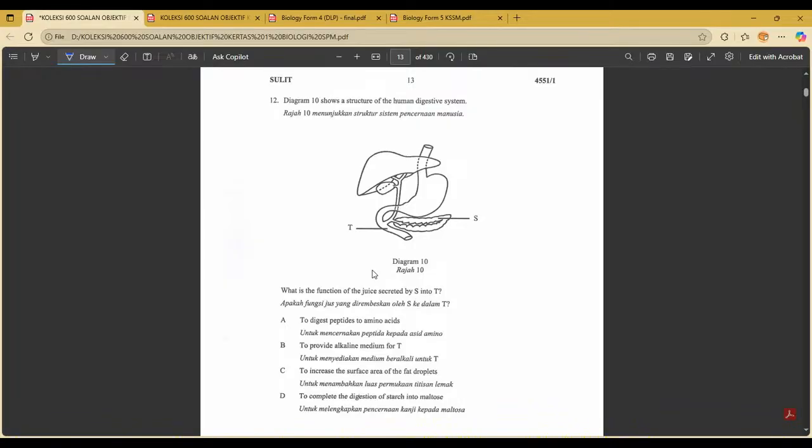I think S releases something basic so that it neutralizes the stomach acid. I think it's B, but I don't really remember honestly.